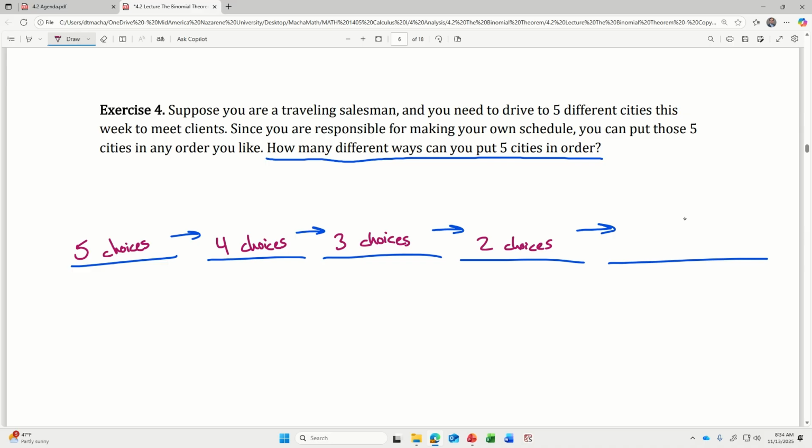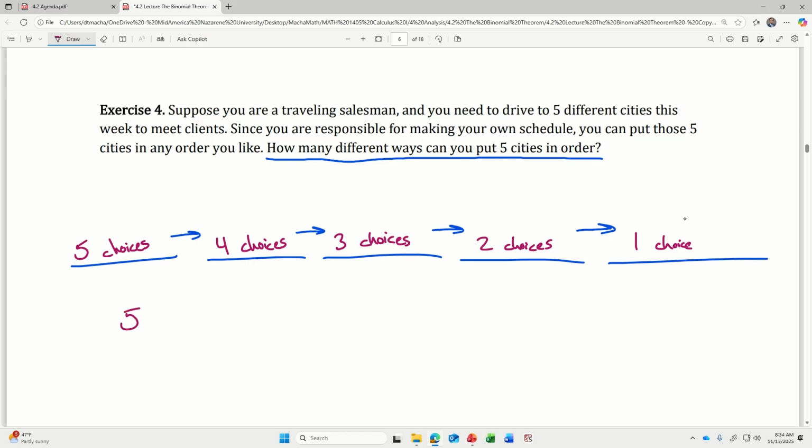And so this is like already locked in, basically. I don't really have a decision in front of me to make. Does that help? So what's the number of ways I can put 5 different cities in order? 120.